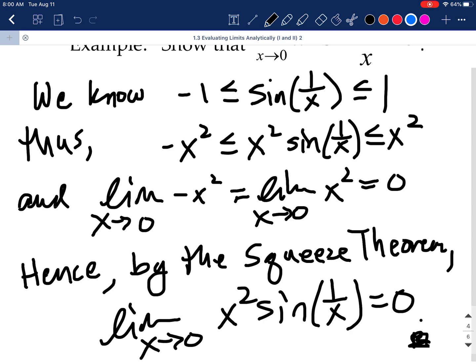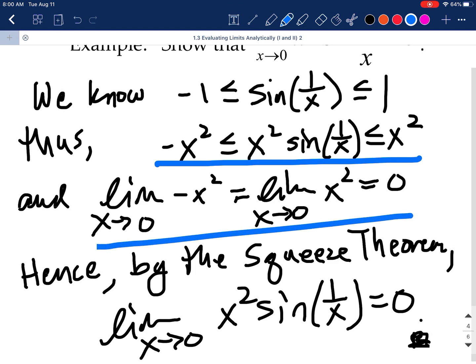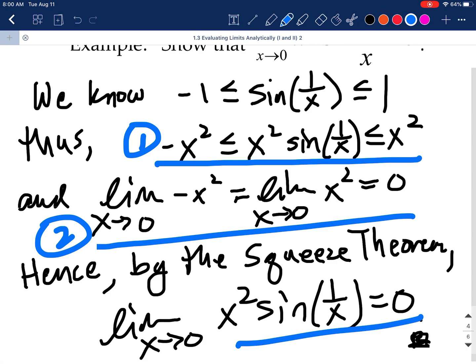QED. So there's really two main ideas. We need an inequality boundary above and below for our functions, and we need the limits to be the same. If those two conditions are met, then it follows by the squeeze theorem that we'll have the same value of the limit below.